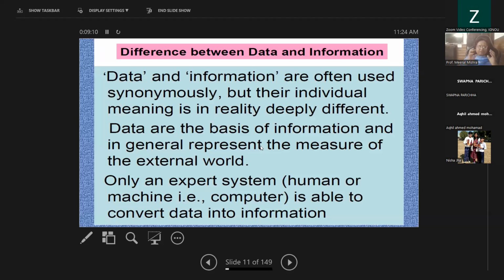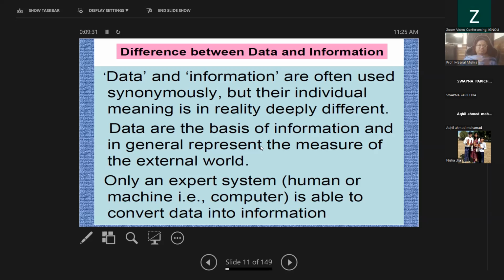So how are you able to convert data into information? Either a human or a machine, that is a computer, is able to convert this data into information. Suppose you are looking at some satellite imagery.